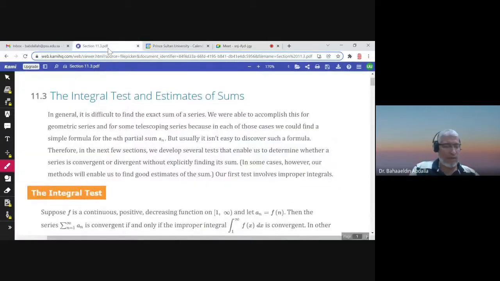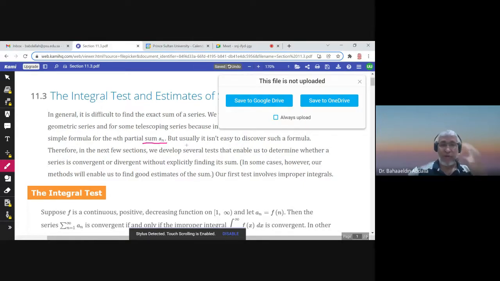This is section 11.3 and it's about the integral test. Well, we have seen in section 11.2 that if we have Sn, we can find whether the series converges or diverges.